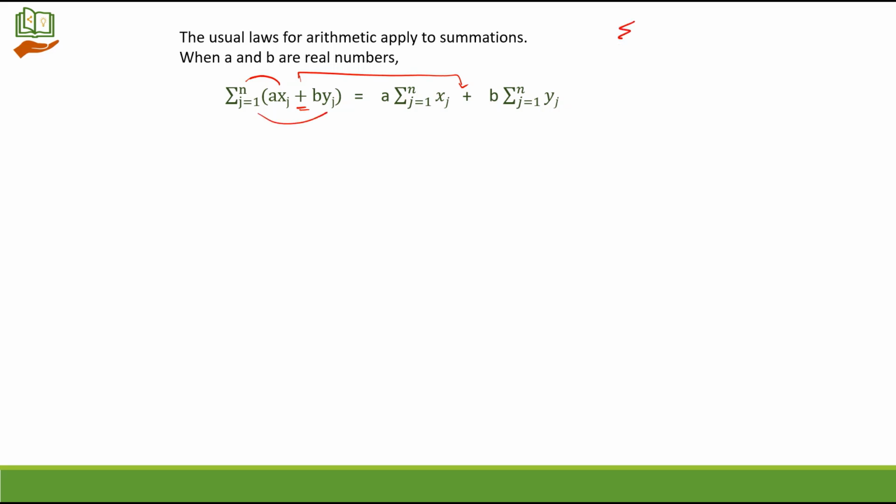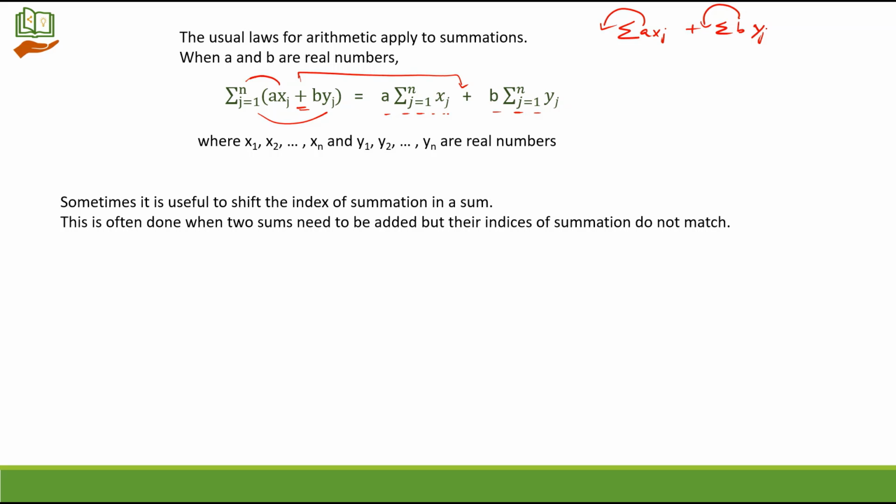When you have the summation of a x_j plus the summation of b y_j, this a is constant throughout, so it can be taken out. Similarly, b can be taken out. This is how they have presented it: a times the summation of x_j plus b times the summation of y_j, where x_1 to x_n and y_1 to y_n are real numbers.